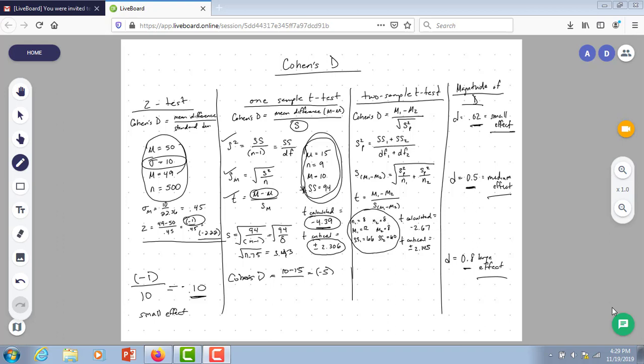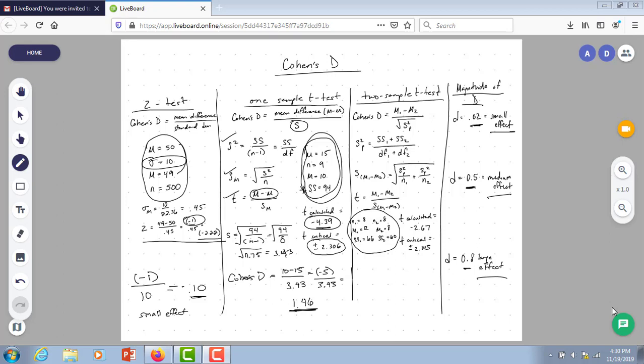Okay, and 3.43 is the standard deviation. So we'd plug that in the denominator, and from there we're going to do -5 divided by 3.43, and we will end up with 1.46.